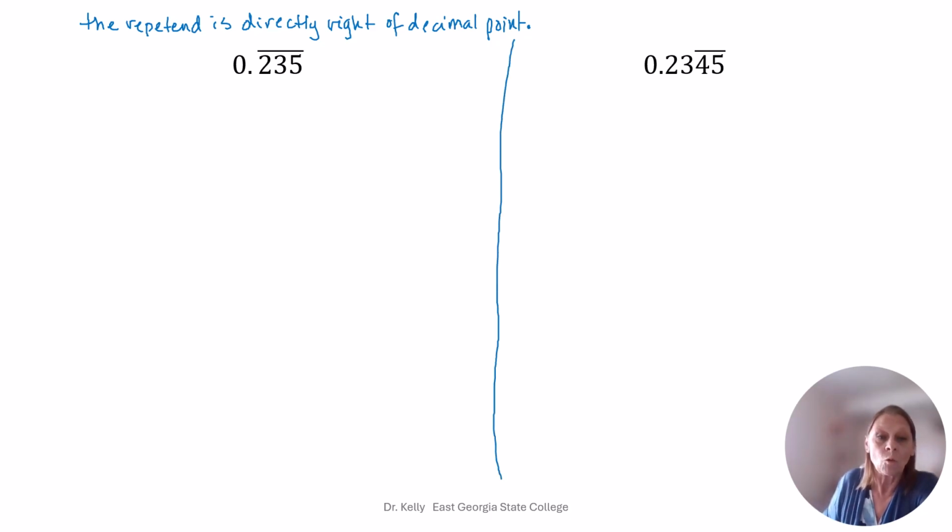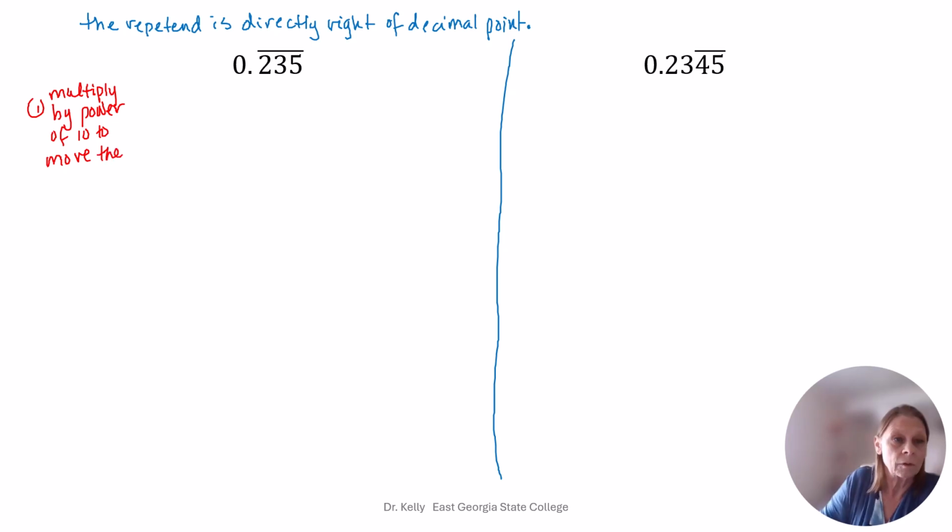Now we have to multiply, so the first thing we do is we multiply by a power of 10 to move the decimal 1 period.